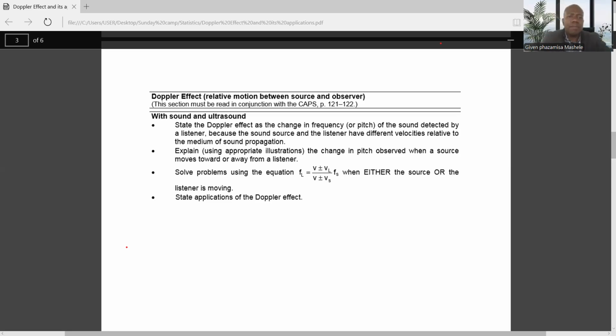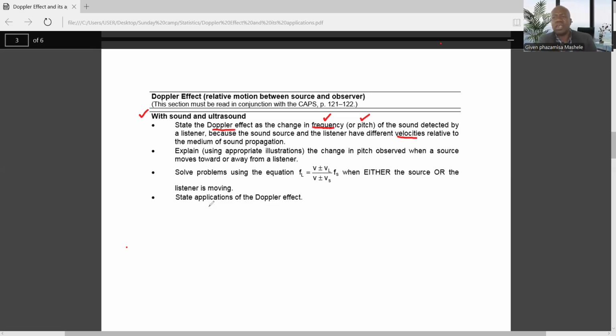Paper 1, number 1: when dealing with Doppler's effect, particularly in sound and ultrasound, one must be able to state Doppler's effect, which is the change in frequency or the pitch of sound detected by the listener, because the sound source and the listener have different velocities relative to the medium of sound propagation.